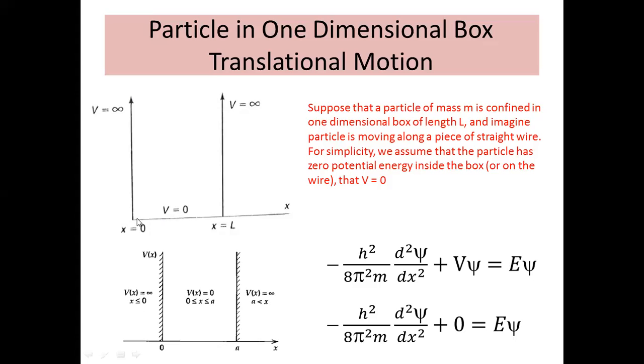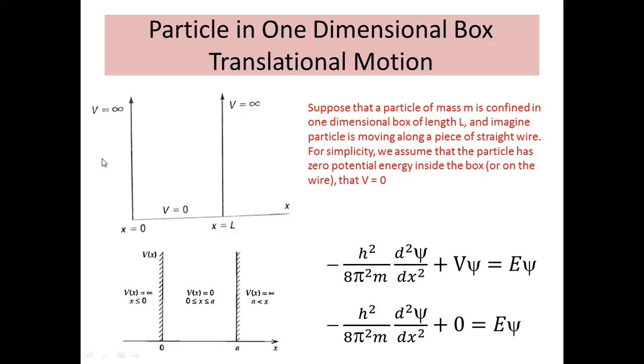So inside the box, the potential energy V will be equal to zero, just to derive the equation, and then we will focus more on this potential energy later on. So in the one-dimensional box, the potential energy within the box is zero.